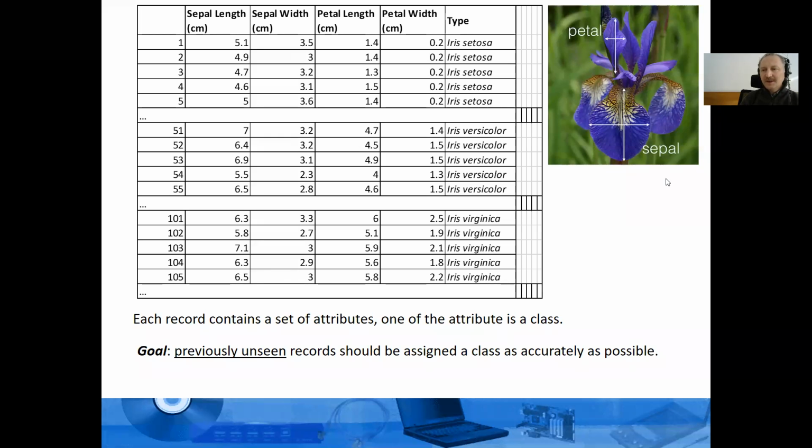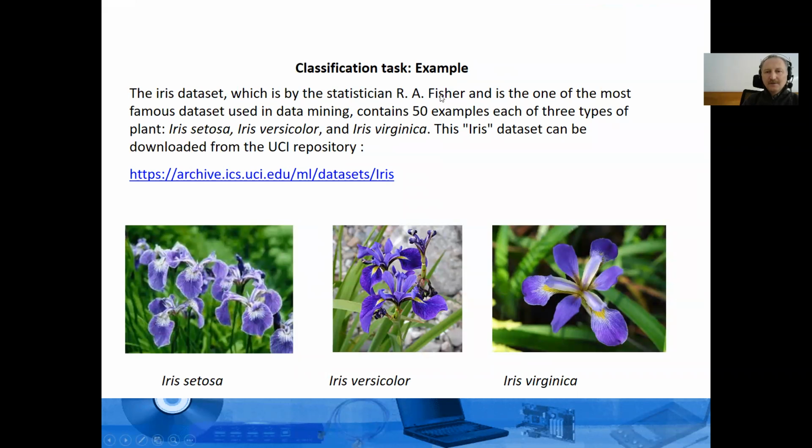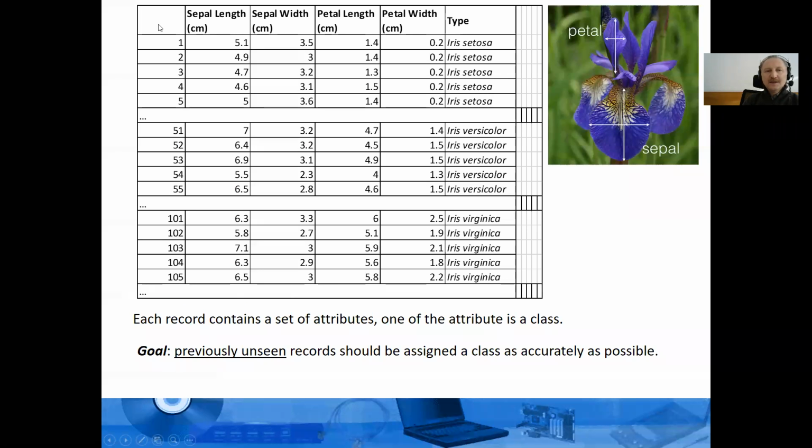But if you are not an expert, in that case, you can ask an expert to prepare a data set for you. For example, in the solution of this problem, this researcher, Fisher, collected 150 flowers like that, and then he measured the sepal width and length, petal width and length, and recorded this data here.